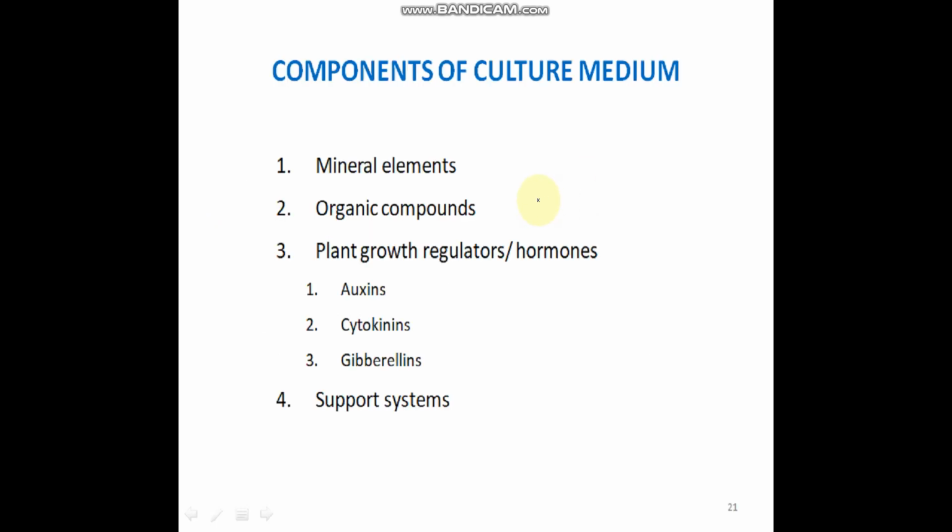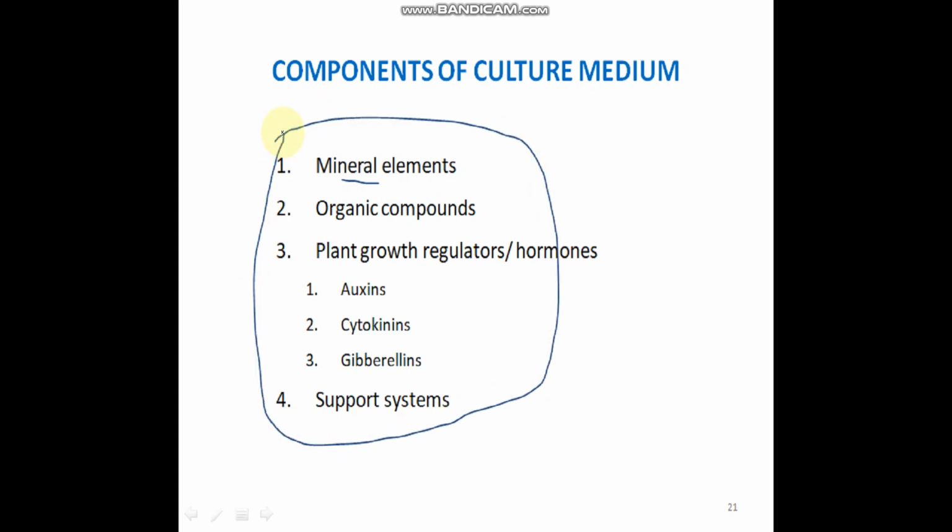The components of the culture medium are mineral elements, organic compounds, plant growth regulators and hormones such as auxins, cytokinins, and gibberellins, and a support system. Imagine that you are growing a plant in a regular environment; you will put fertilizers in, usually containing NPK, for example. The same goes for culture medium. It contains all the elements required for a plant to grow.